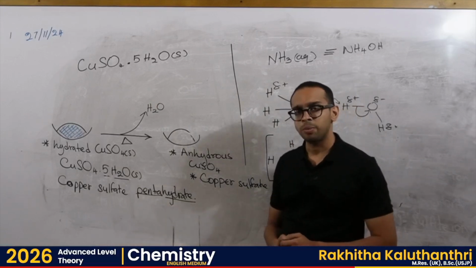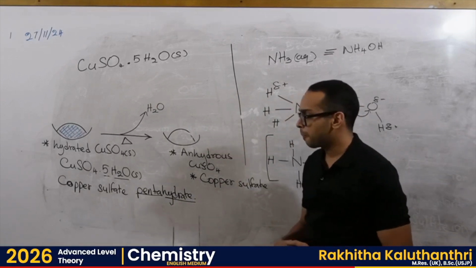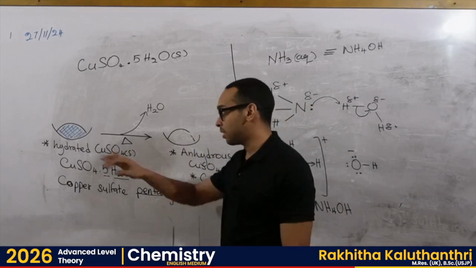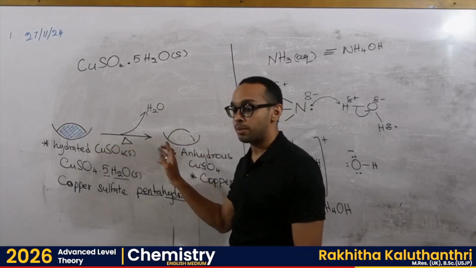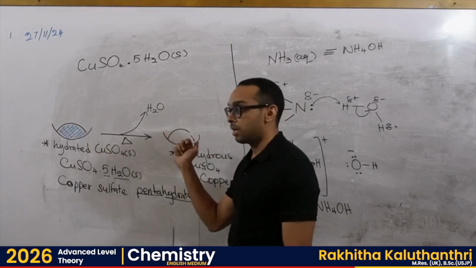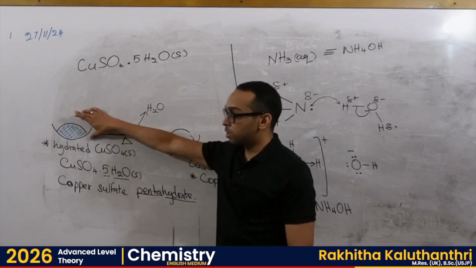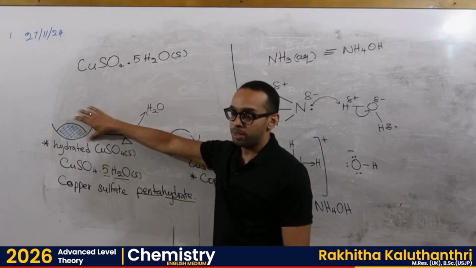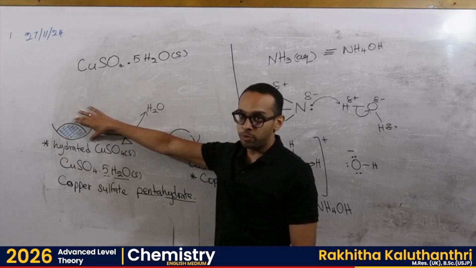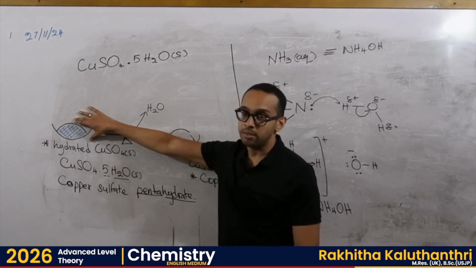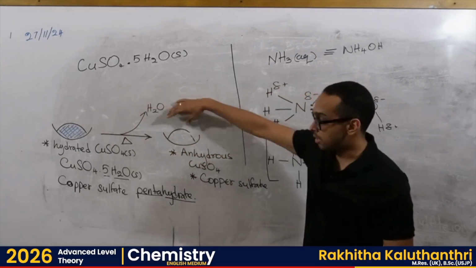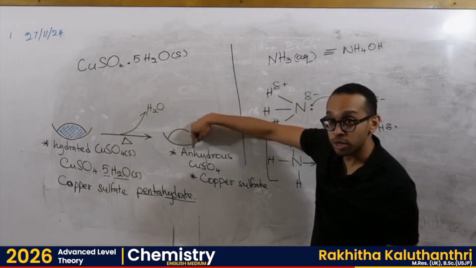But the reason why I got this example is that sometimes in questions this is directly asked. This is something important, so maybe remember it. The hydrated form of copper sulfate is blue in color, and anhydrous means no water.